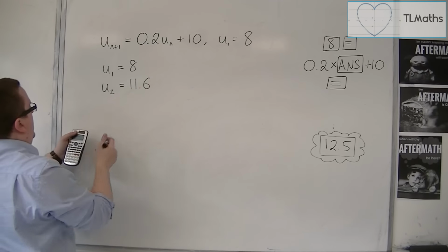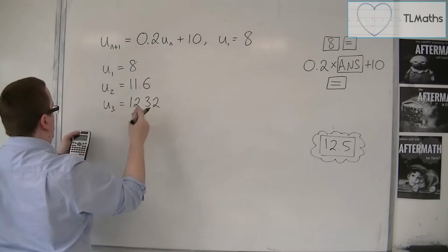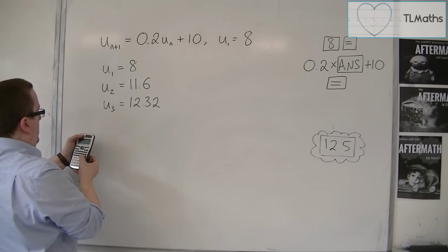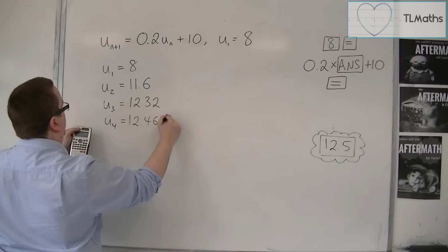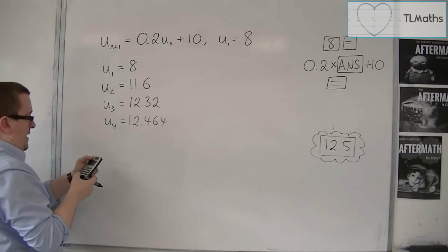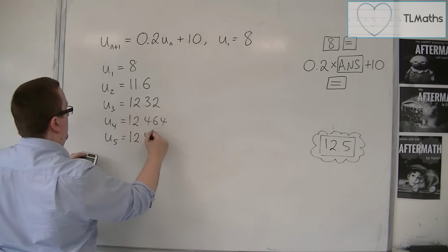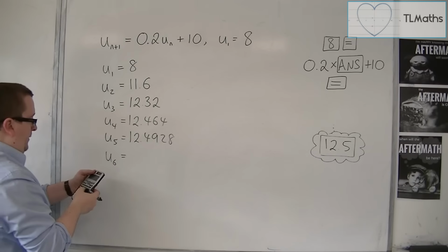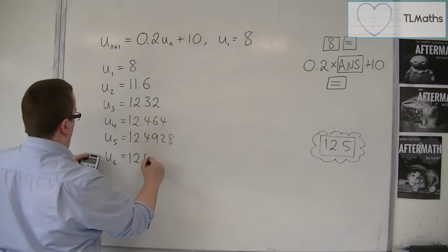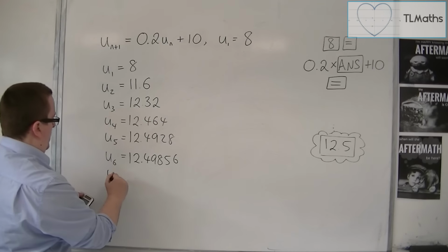Then u_3 is equal to 12.32. Then u_4 is 12.464. Then u_5 is 12.4928. And then u_6 is 12.49856.